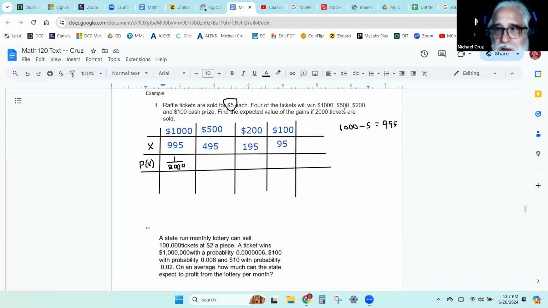Only one 500. So each one of these is going to be 1 over 2,000.